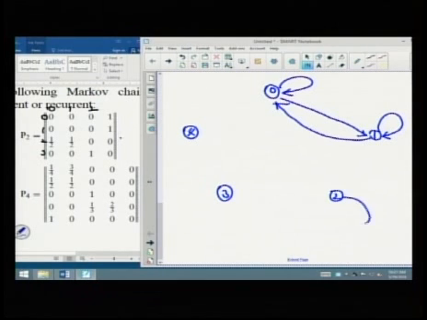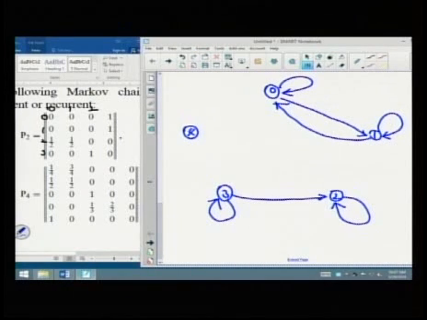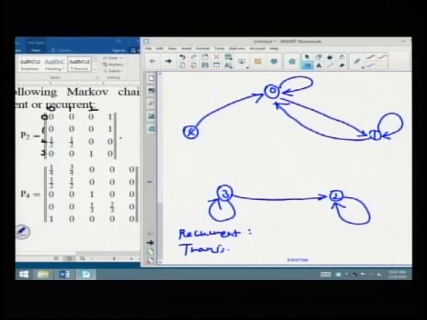And 2 to 2, and 3 to 2, right? And 3 to 3, and 4 to 1, 4 to 0, right? How about this? So which states are recurrent and which states are transient?